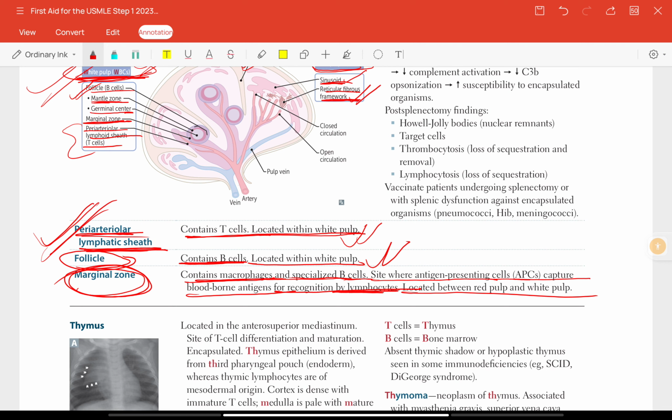The marginal zone is located between the red pulp and the white pulp.